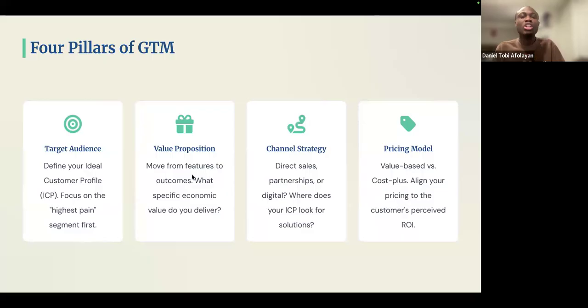So now, the channel strategy. How do you think you can reach them? Is it through direct sales, that is talking to them one by one? Is it through having a partnership with them? Is it through digital advertising? Where does your ideal customer profile look when they are looking for solutions?